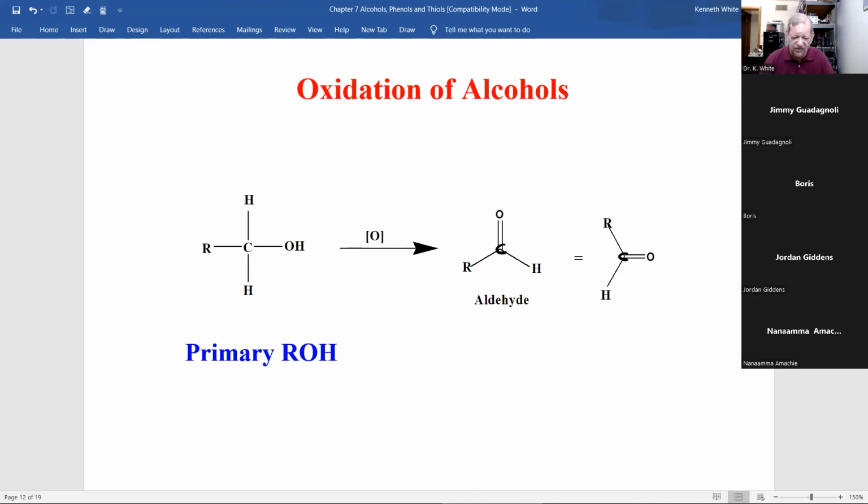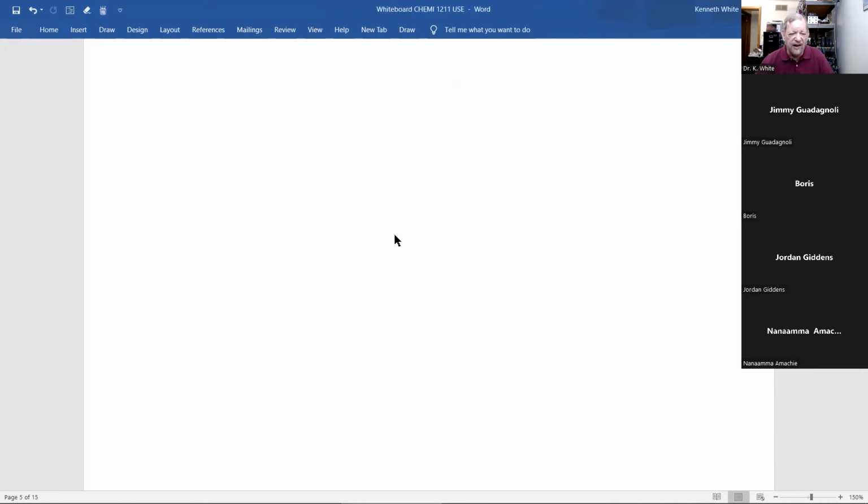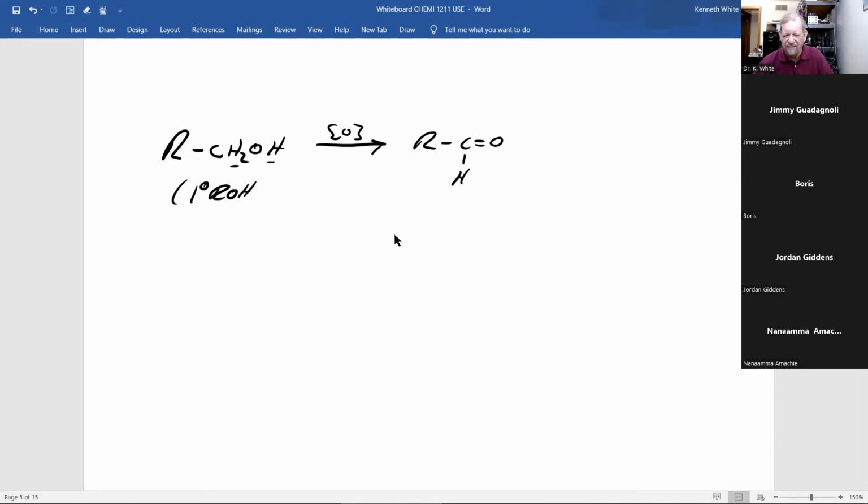So I'm going to write this on my whiteboard like it should be, to help you out. If you take a primary alcohol and you oxidize it, you lose a hydrogen here and a hydrogen here, and you form a carbon-oxygen double bond. And this is called, and we'll learn later in 2 chapters, I believe, an aldehyde.